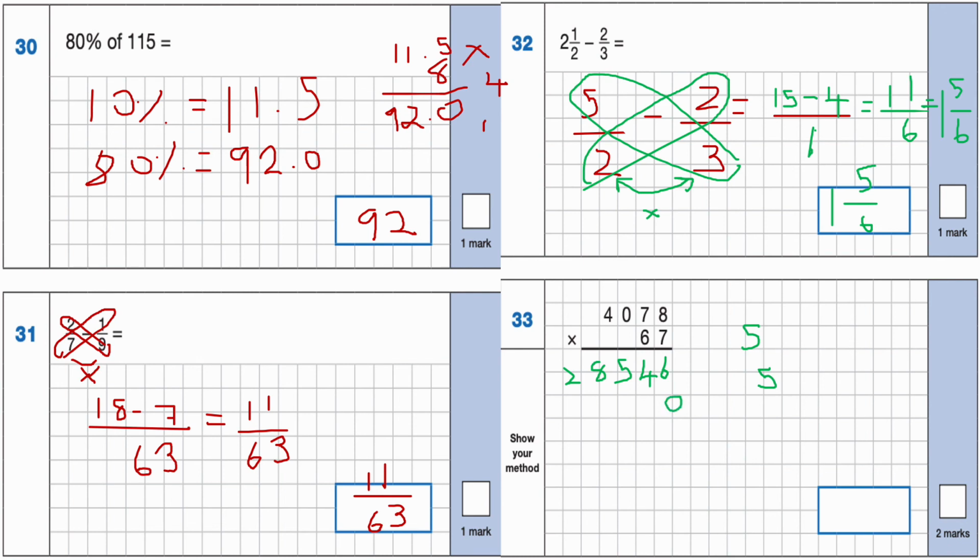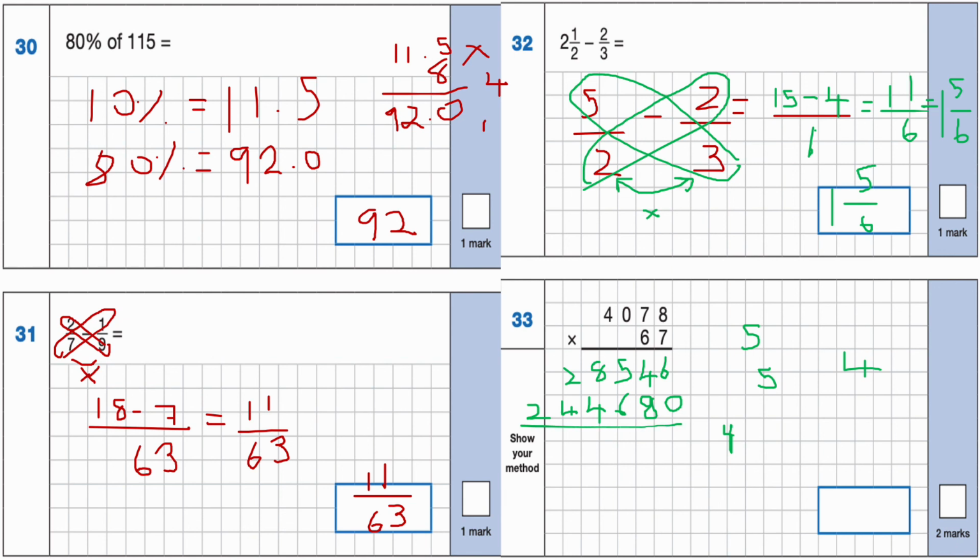Okay, 0 there. 6 times 8 is 48, so 8 carry the 4. Okay, 6 times 7 is 42, plus the 4 is 46. Okay, 6 carry the 4. 6 times 0 is 0, plus the 4 is 4, and then 6 times 4 is 24.